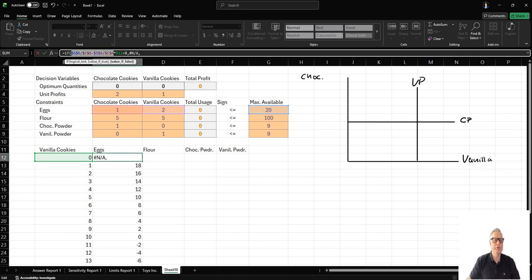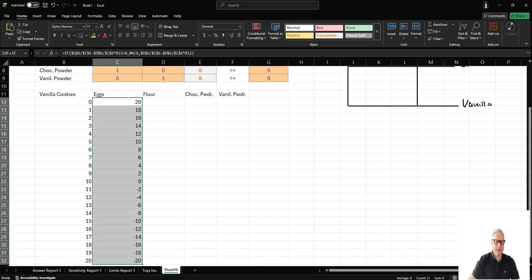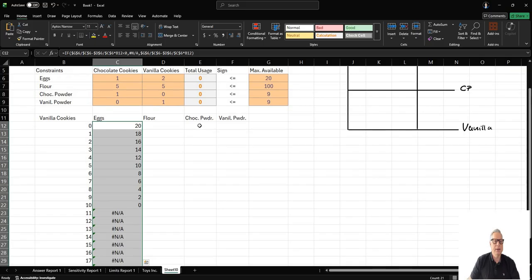So I copy the formula to the else condition. And now all the negative values disappear.